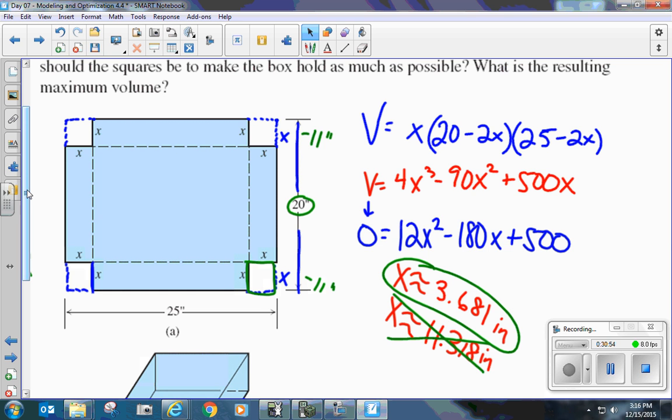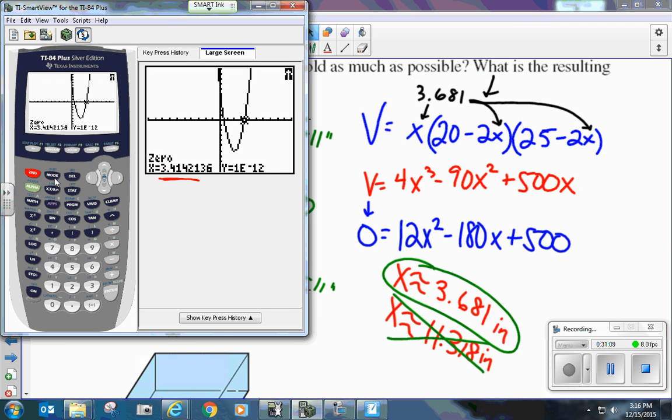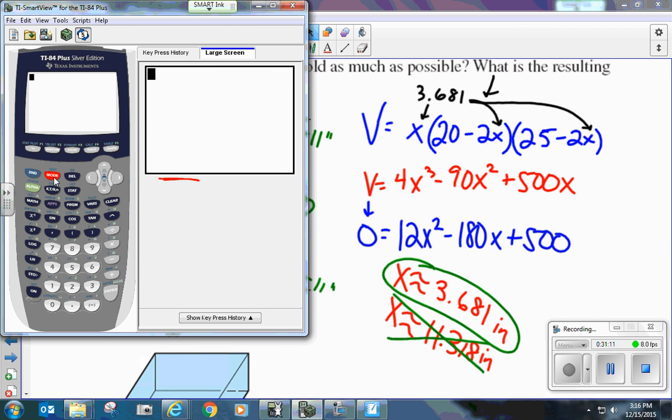So this is my equation of volume. I'm just going to put 3.681 in here, and here, and then here, and multiply them all together. And I'm going to use my calculator. I'm going to say 3.681 times 20 minus 2 times 3.681, times 25 minus 2 times 3.681.